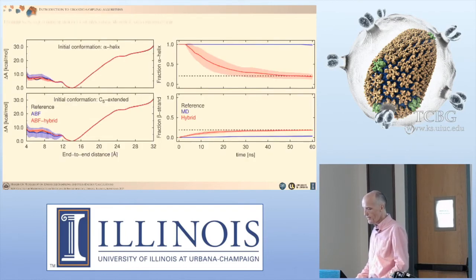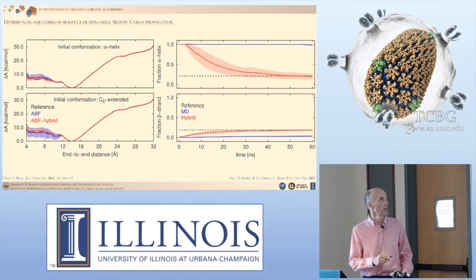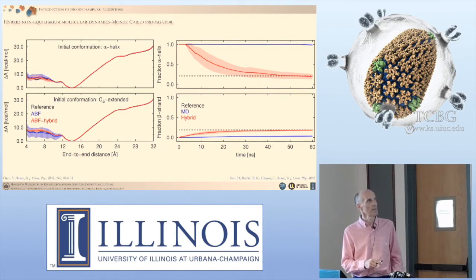So if you do that, then you can really accelerate things. In this case, we were again revisiting decaalanine over the entire range and comparing with pure ABF. The reference free energy calculation is multiple Walker ABF, which I'm going to say more about in a minute.